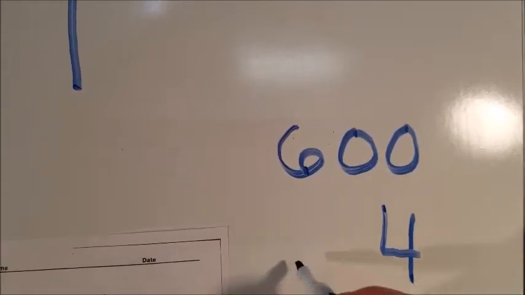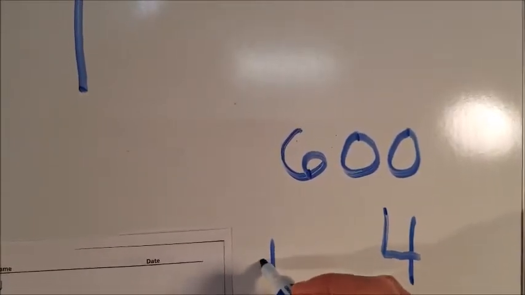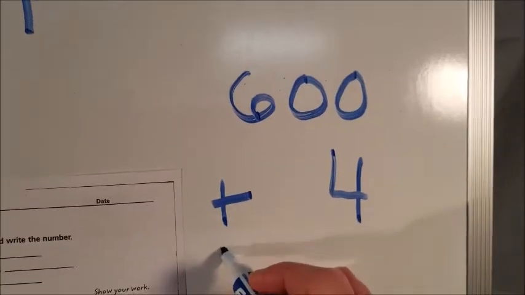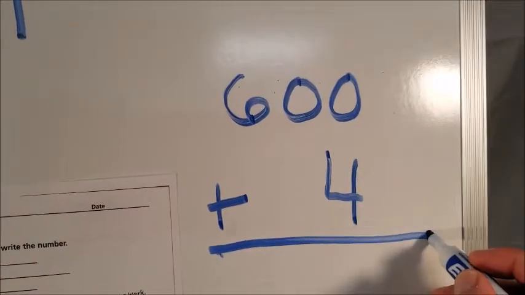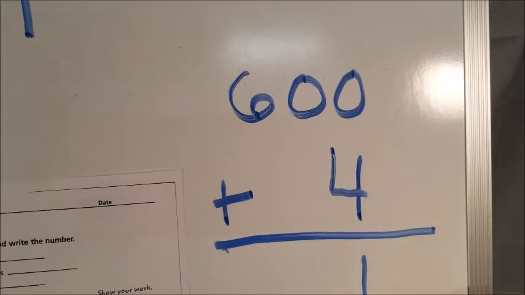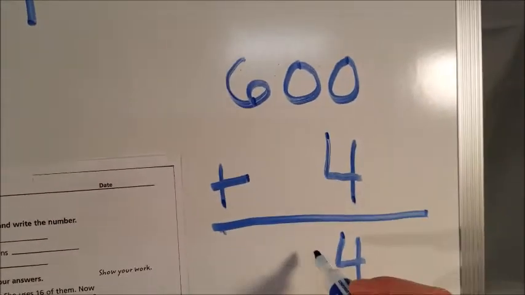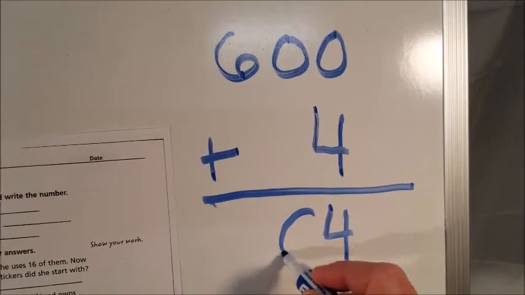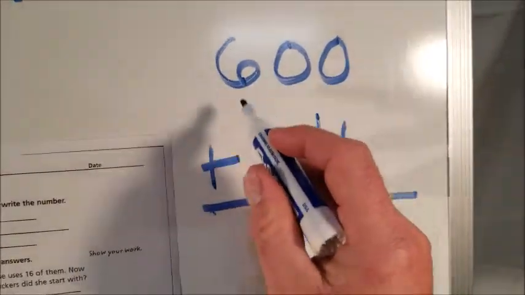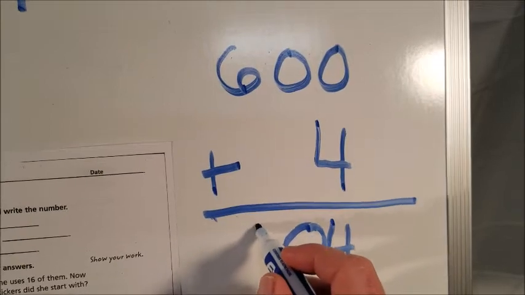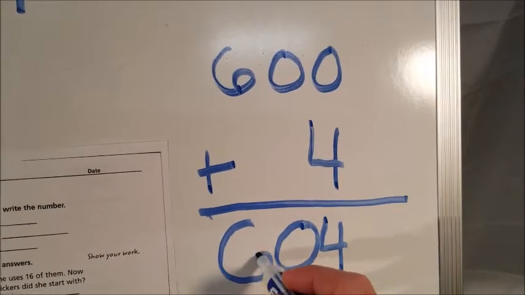And we can just add those together. That's all we're really doing. We're just adding what we have together. So that's 4 right there. 0 plus nothing is 0. And then, of course, 600, 6 plus nothing is 6.